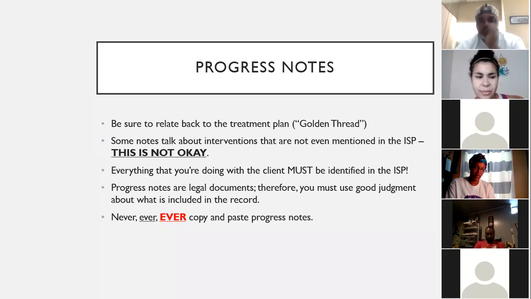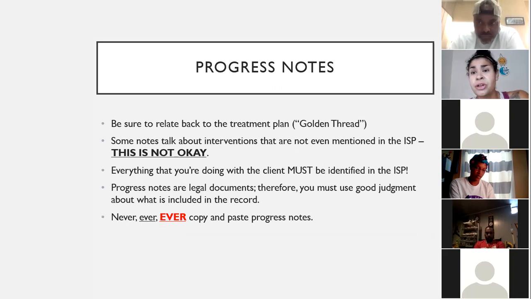So for example, I almost have the treatment planner in ICA notes memorized, which is sad. That's how many treatment plans I've written in my life. But I know that one of the interventions says something like, QMHS will provide psychoeducation to client regarding anxiety. It's not telling you how you're providing that psychoeducation.